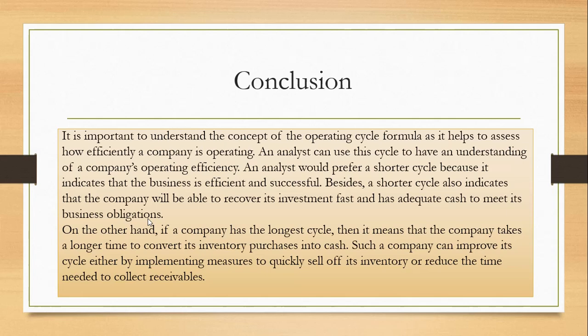Basically, the operation cycle is the time from purchasing goods or materials until selling them. So most companies want the operation cycle to become shorter, which is good for a company.